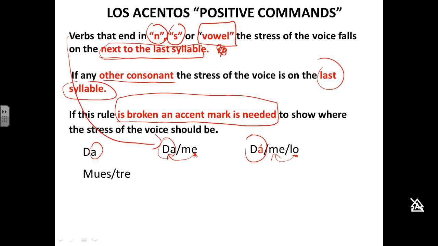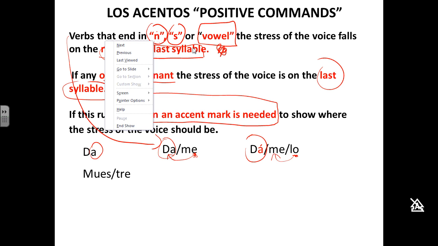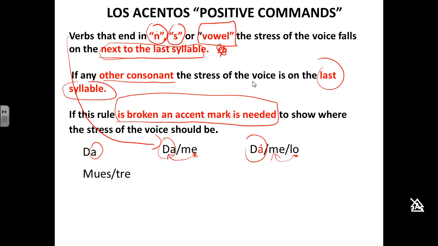The next one, "muestre," show. All of these, if you think about it, end in N, S, or a vowel, the commands. The N would be the ustedes, the S would be nosotros, and a vowel would be the usted command or the tú command.